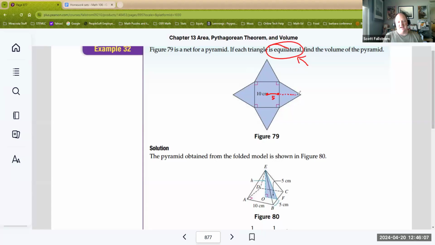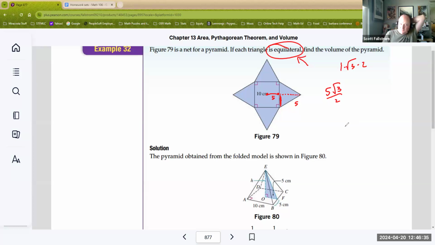So that means the height out here would be 5 square root of 3 over 2, because this length right here would be half. Yeah, because it's a 1 to root 3 to 2 ratio.